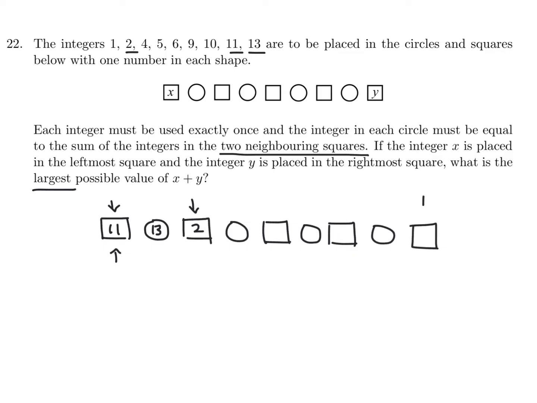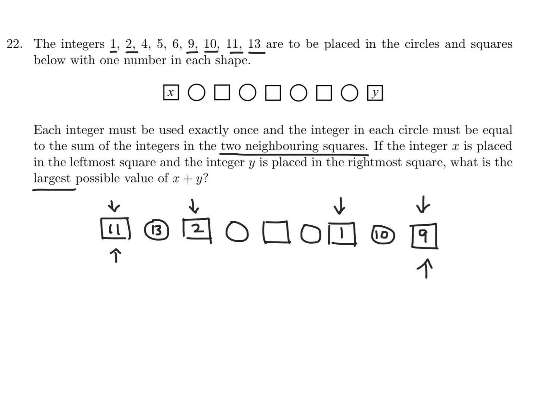So now let's go over and concentrate on that side. Again, same story. The next largest number I have is 10, so I'm going to put that here. Now I need two numbers that add up to 10, and I think 9 and 1 would be sufficient. Now I want this guy to be as large as possible, so I'm going to put the 9 here and the 1 there.